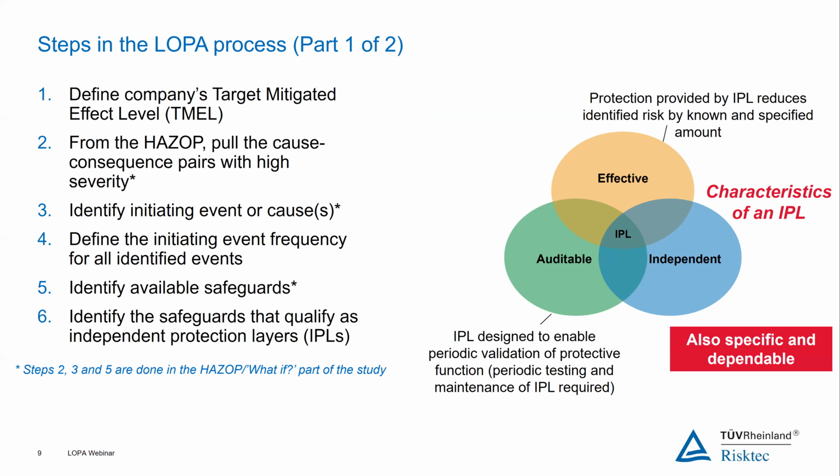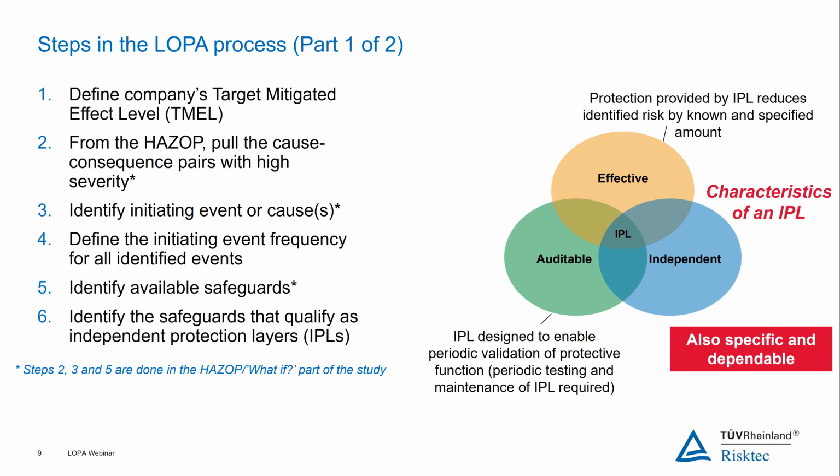Again, that's dependent on the HAZOP that we're going to bring into the LOPA, as is number 3 as well, identifying what the initiating event or cause is. Again, it's going to be the cause that's coming from the HAZOP.